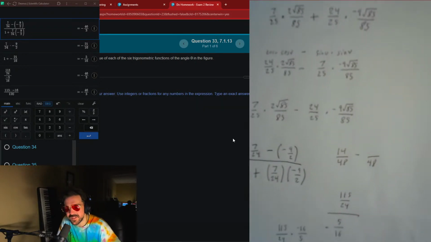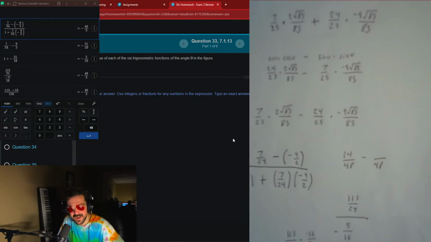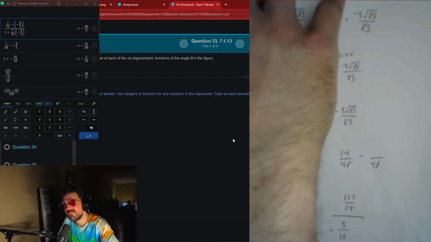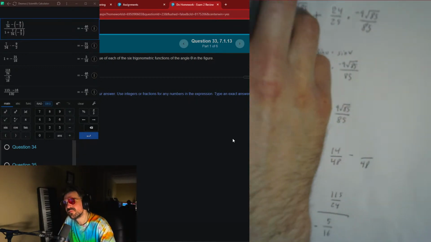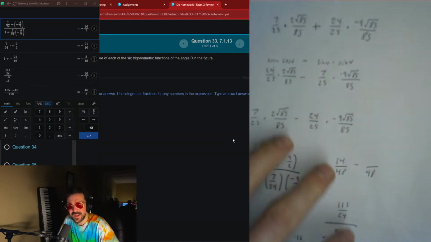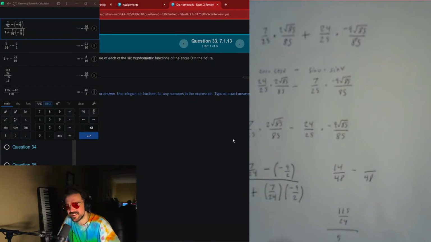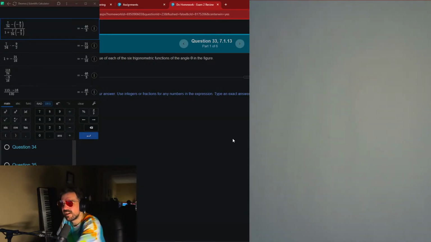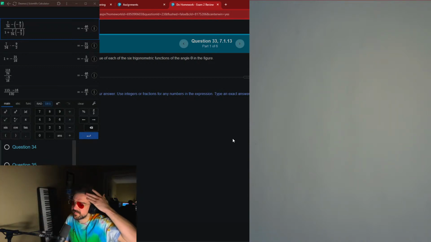I'm sure there's a fast way to do it. There's got to be, right? Holy balls. Okay, so we're past the sum and difference formulas, which is a beautiful thing. Good God.